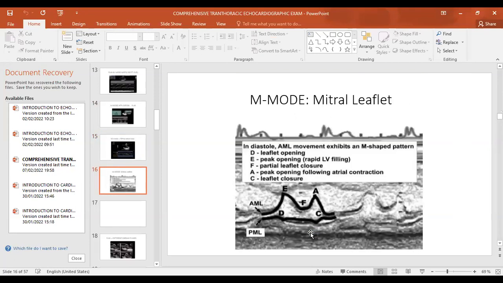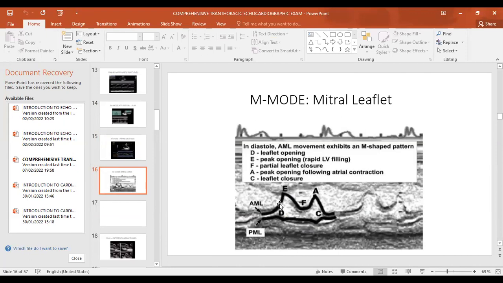So when it's like this, it should make a line, which means it's closed. The moment they start separating, this one going up and this one going down towards the septum, the D, the leaflet, is now opening. It's in early diastole, starting to open.